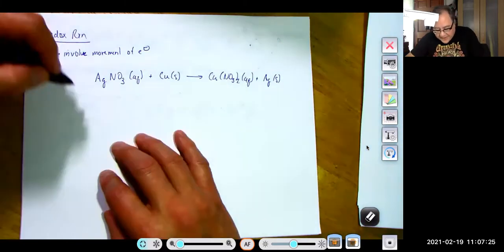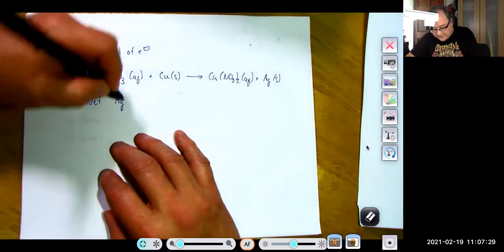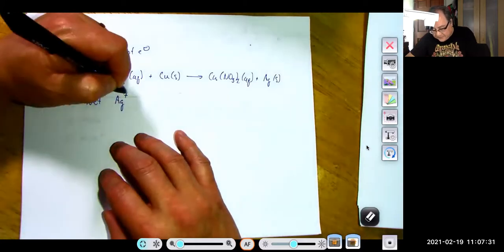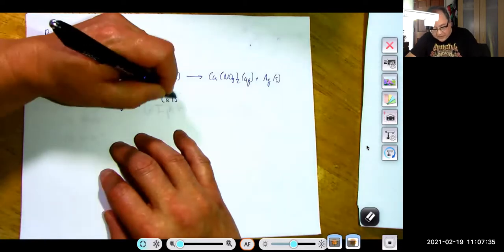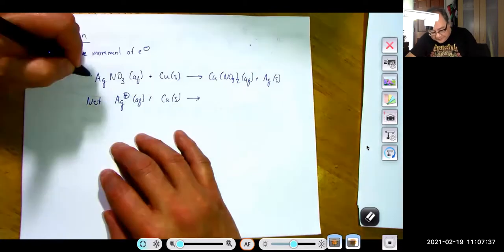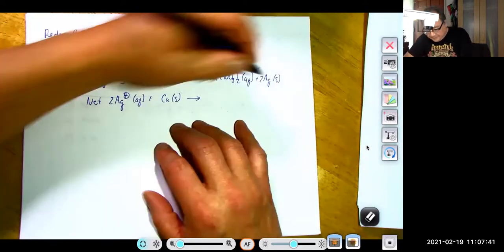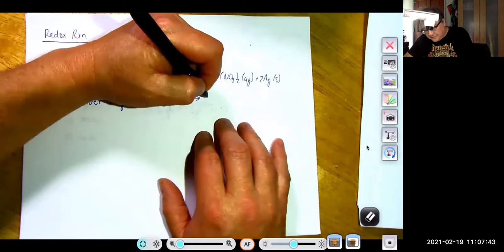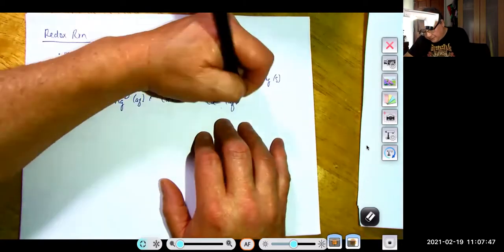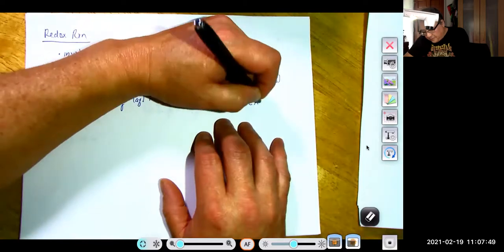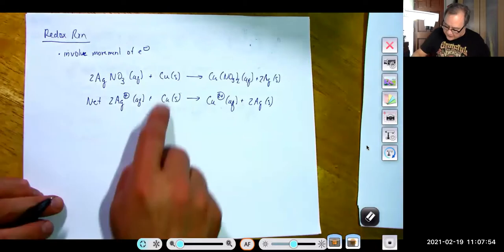If we write the net looks like this. And I should have a 2 here and a 2 here. So you can see that for the net, I brought down both solids.